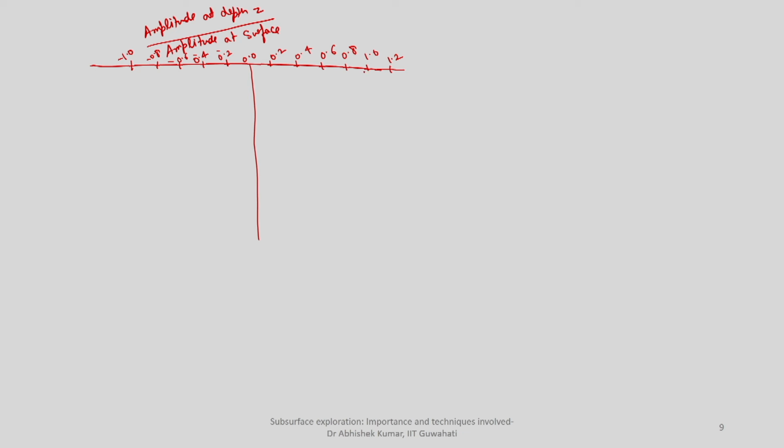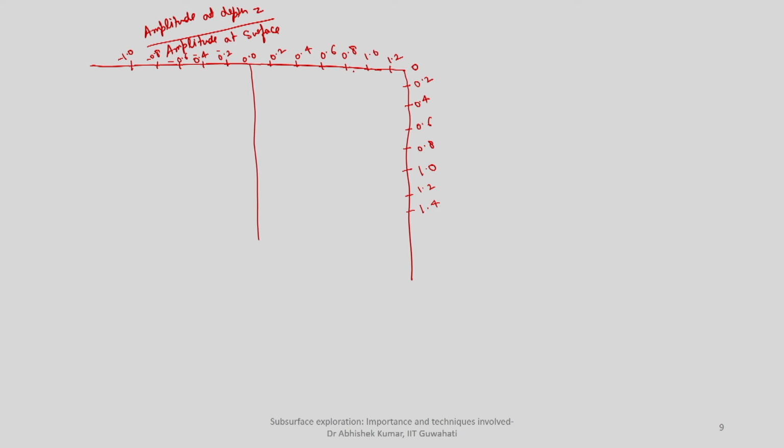Again, on this side you will have 0, 0.2, 0.4, 0.6, 0.8, 1.0, 1.2. It is not on scale, so be careful with that part.